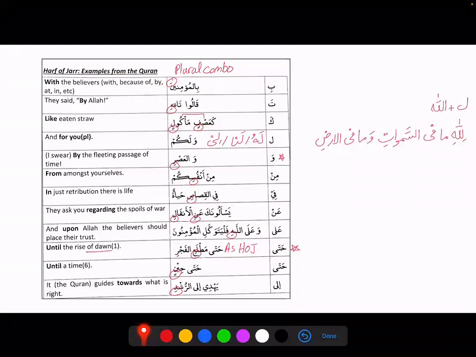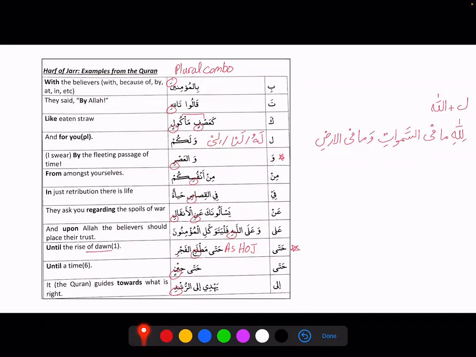Okay, then we have lam, right? And for lam, we know that lakum, right? So this lam is harfu jar and this kum is ism majrur, an attached pronoun, right? Yep. How are we going to translate? For you. Yeah, lakum is for you, and this is plural.